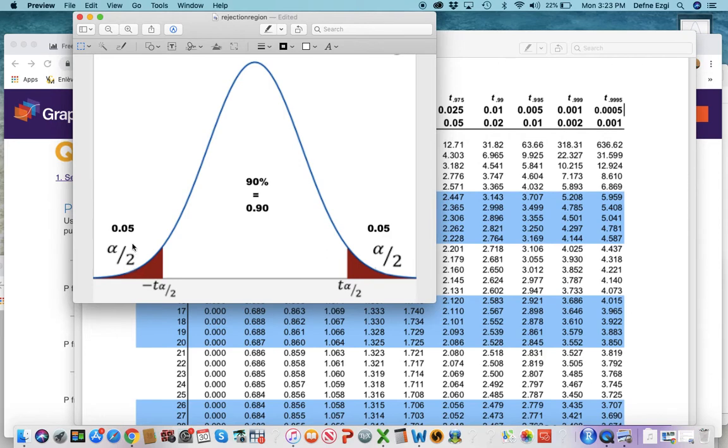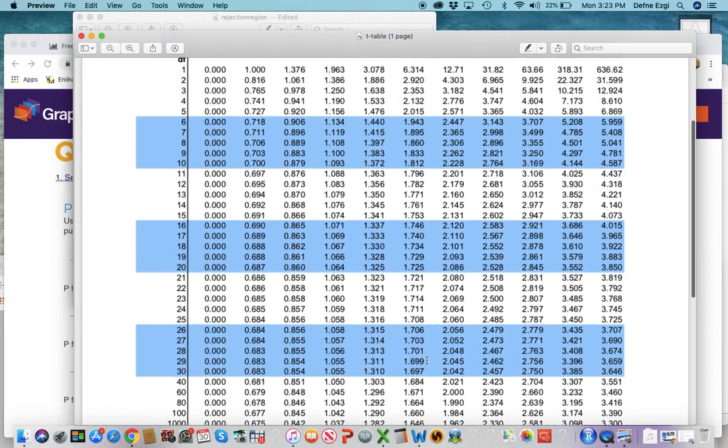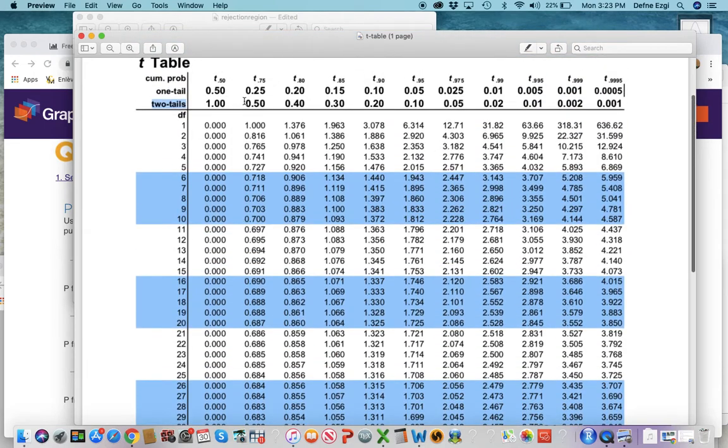So that's alpha, which is equal to 0.1 in our example, right? So for 90%, take it up to the third row, you get that 2 tails is equal to 0.1, the area of both of your rejection regions, both of your tails. So this is the same thing as alpha.